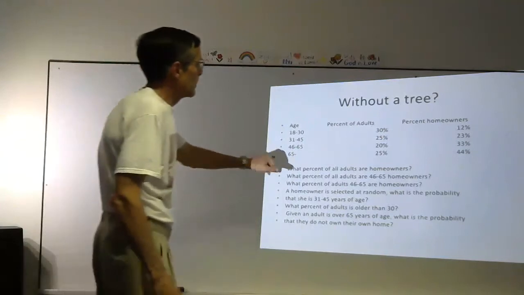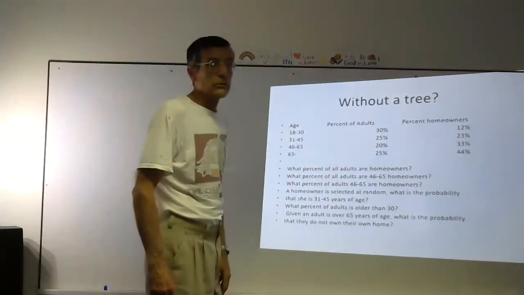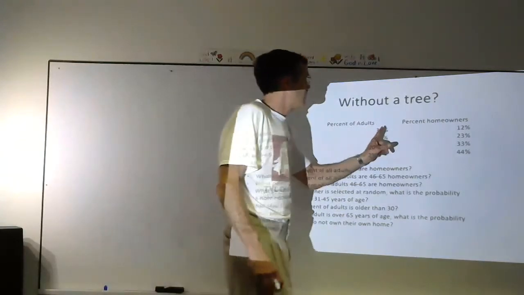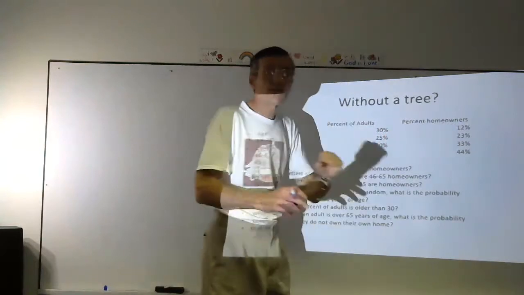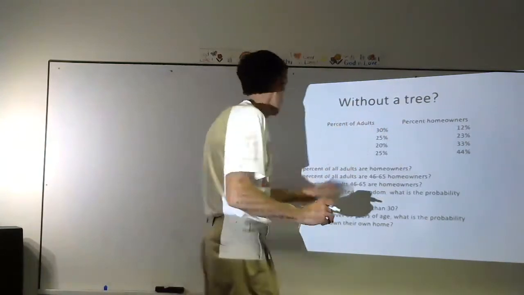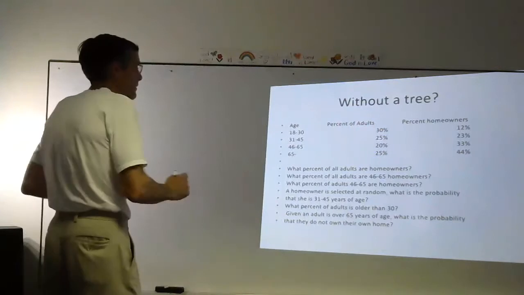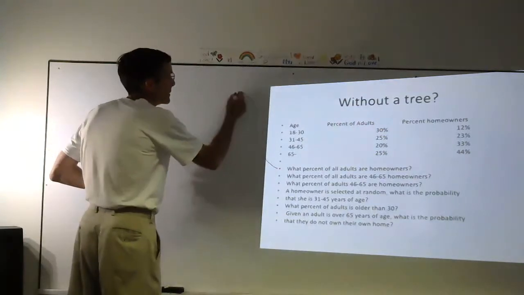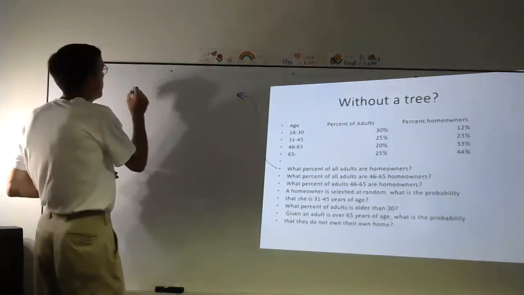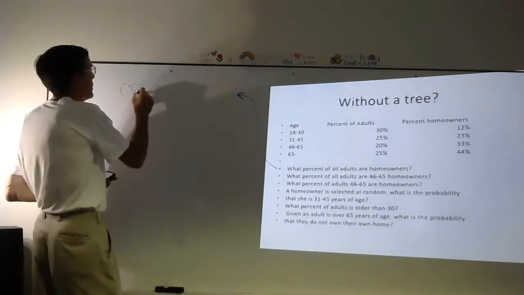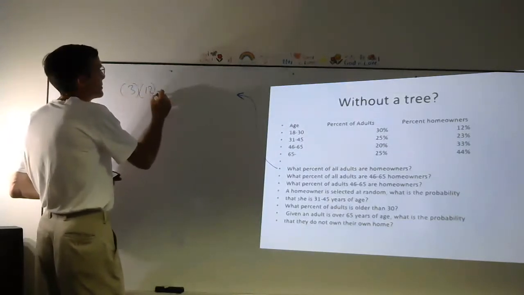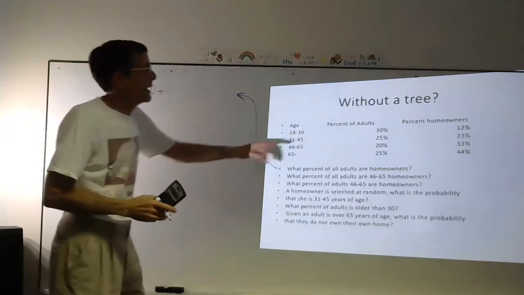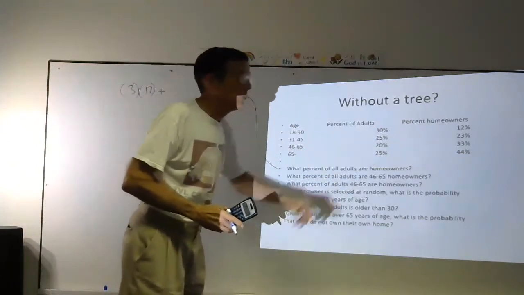How are you going to find what percentage of all adults are homeowners? Okay? You'd have to multiply this times this, just like we did in the tree diagram. So for this question right here, it's going to be 0.30 times 0.12 plus, and you're going to have to add all of 0.25 times 0.23 and so on.